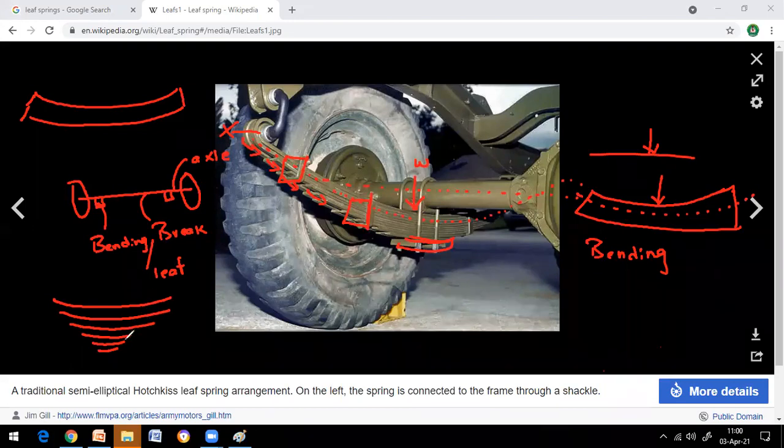By having the same radius, all these edges can be contacted equally, so we can wind them like this. That is the main purpose of providing leaf springs in heavy vehicles. Understand? Right? So that is the major concept of leaf springs.